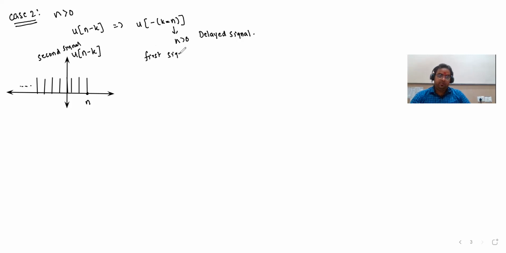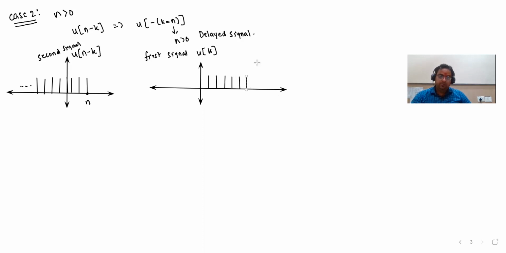Our first signal, that is u of k only. So now this u of k is going to have the value, in the simple manner, as we know, this kind of value.